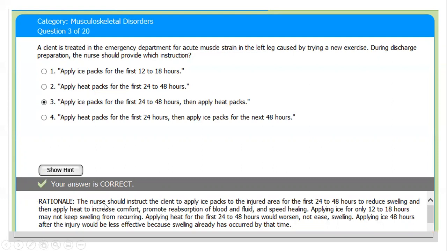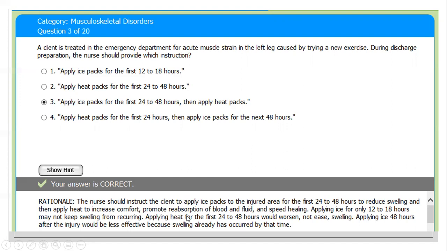Explanation: the nurse should instruct the client to apply the ice pack to the injured area for the first 24 to 48 hours to reduce the swelling, and then apply heat to increase comfort, promote reabsorption of blood and fluid, and speed healing. Applying ice for the first 12 to 48 hours may not keep the swelling from recurring.